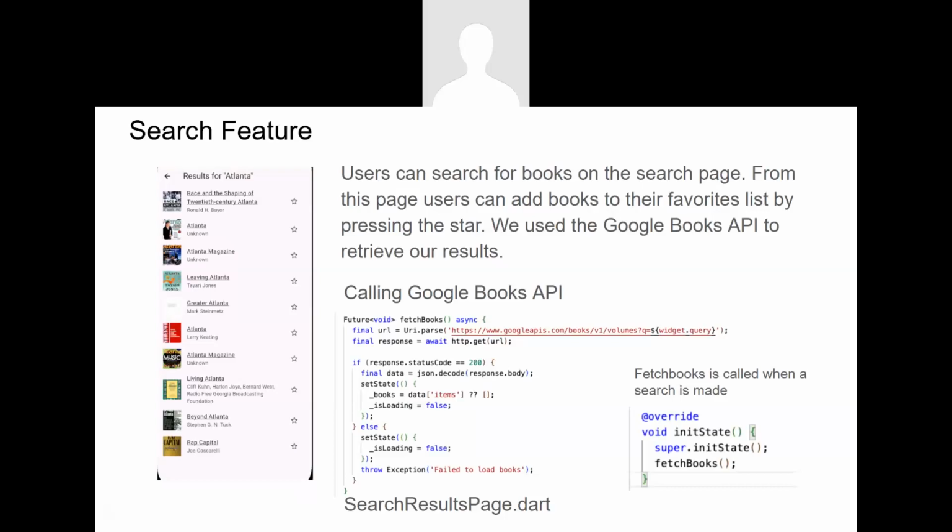The fetch books function is called, and the app displays the results. From that point, users can view metadata on the books, like the book's title, the author, and a description. And all of our results are put on the search results page. You can also add the books to your favorites by pressing the star icon.